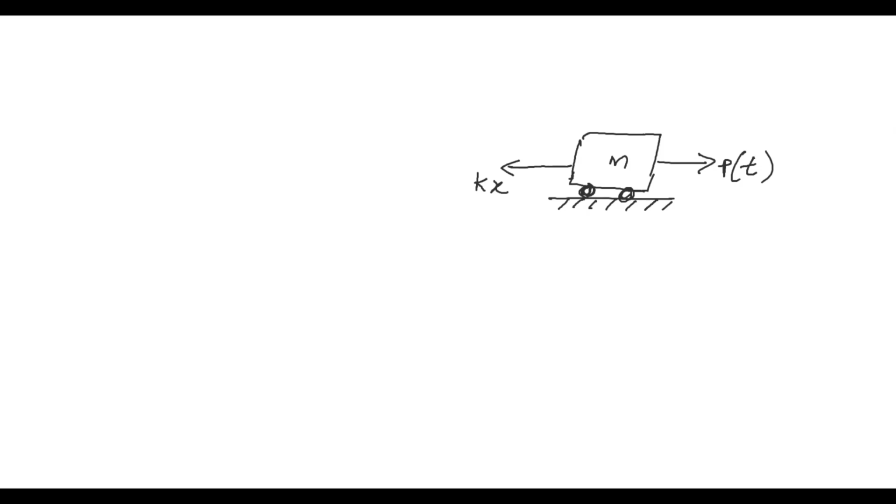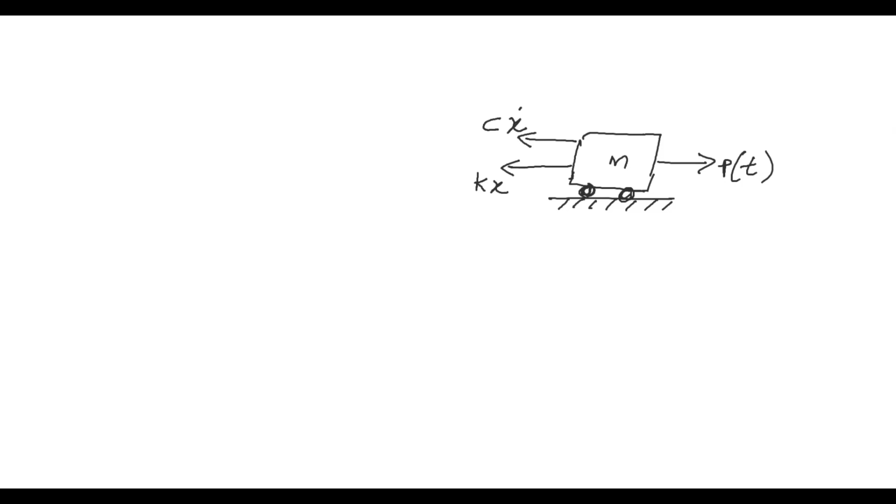Stiffness into x, spring stiffness into displacement, and then the dampness. So the dampness is C into x dot.